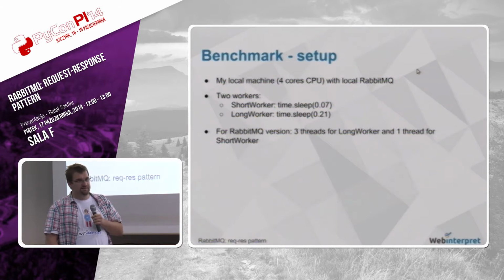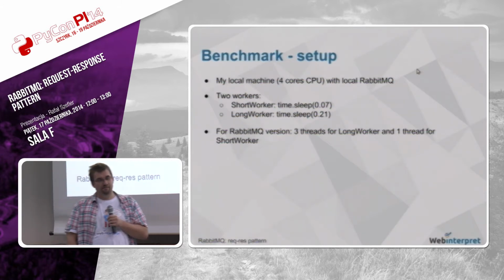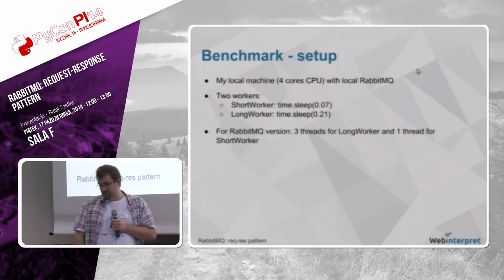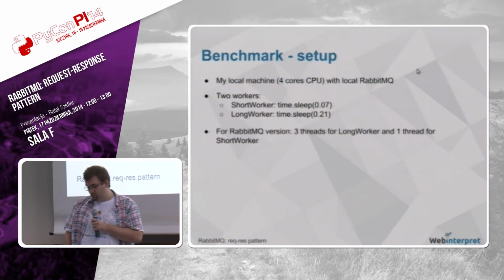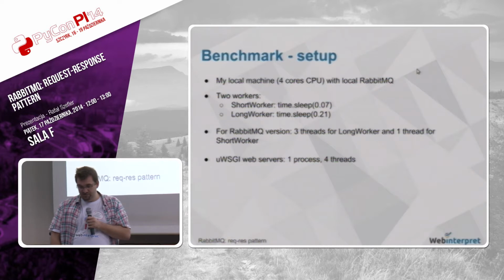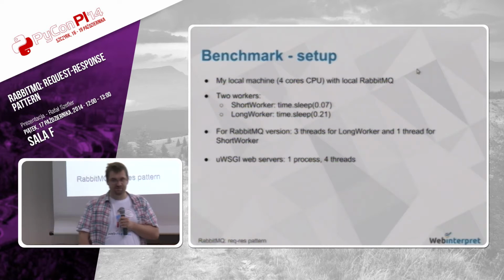I've tested the classical version versus the RabbitMQ version, and the RabbitMQ version had 4 threads, 4 workers. 3 threads were used for the long worker and 1 thread for the short worker. I've used uWSGI web servers, 1 process, 4 threads.